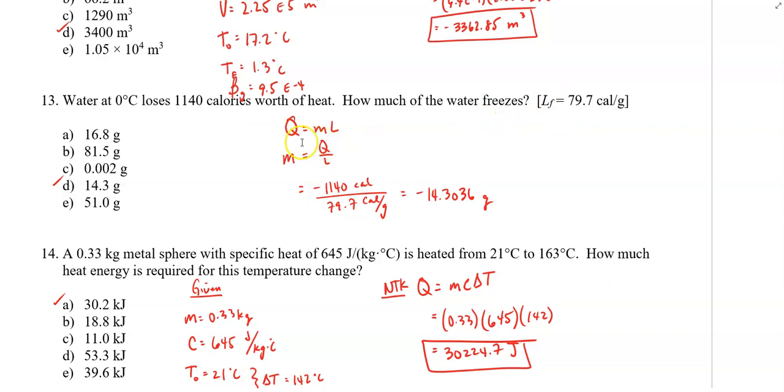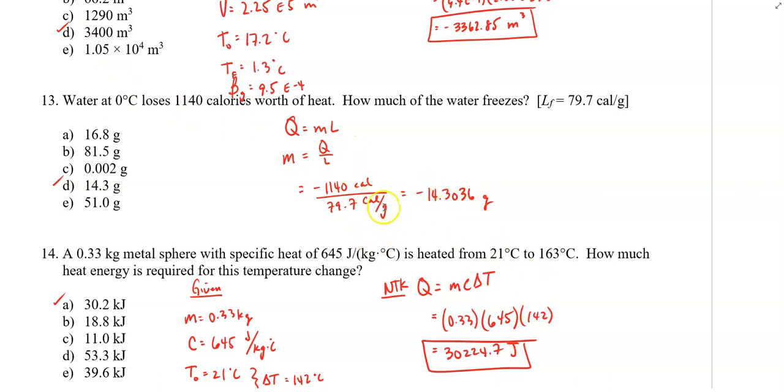So the heat that's been lost is negative 1,140 calories, and the constant here was 79.7. When we divide those two, we end up with negative 14.3 grams.